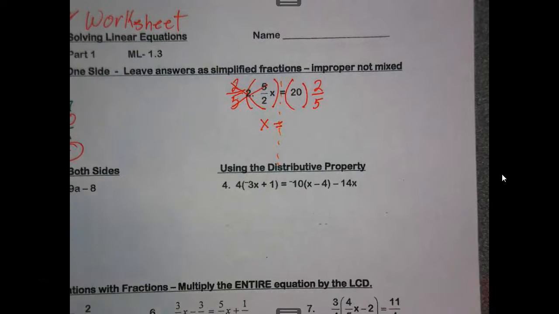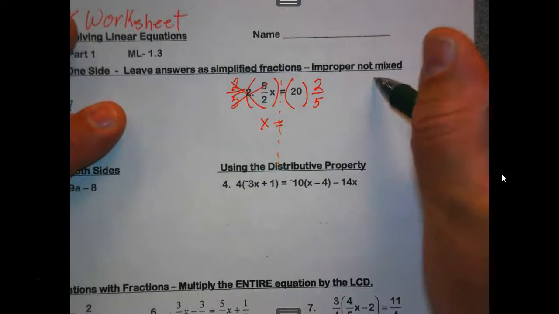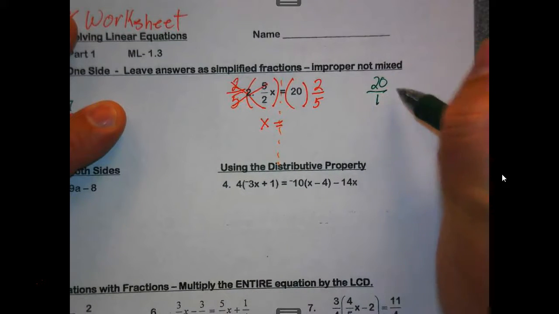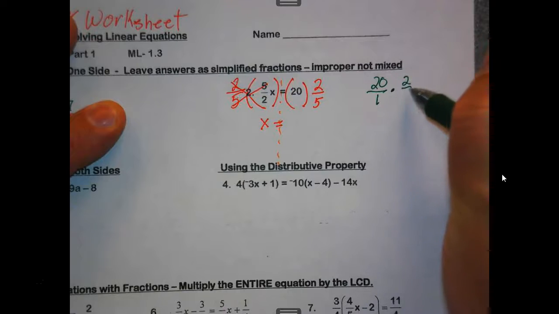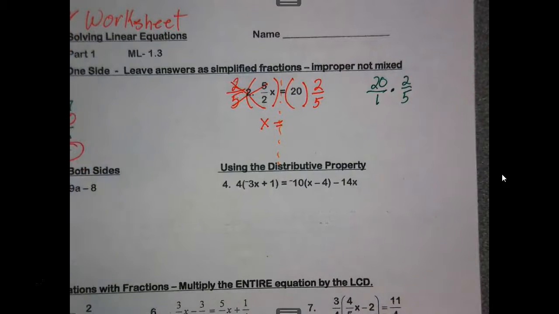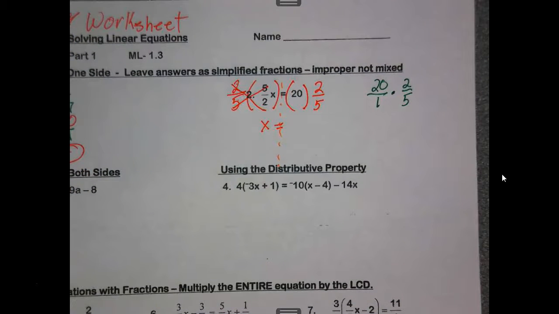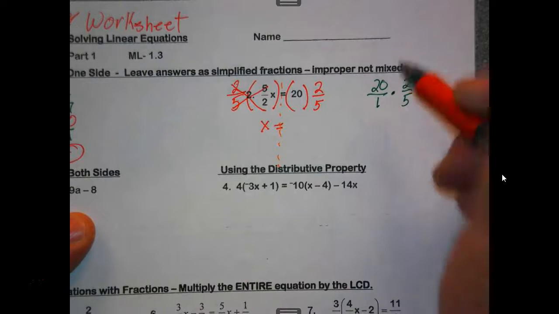What is 20 times 2/5? Now, there's several ways of doing this, but the way I want you guys to get used to, because when we get to rational expressions, I want you to simplify first.